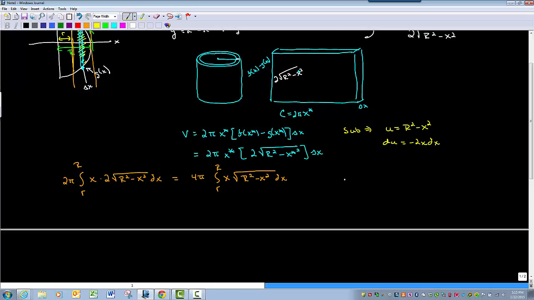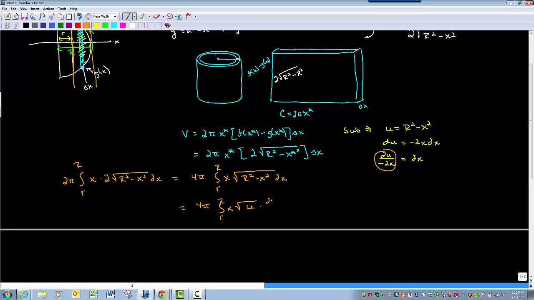Now, what we can do is replace what dx is equal to in here. So what I've got is du over negative 2x is equal to dx, which means that this is going to be 4 pi times the integral from little r to big R, x square root of u, and dx is equal to this guy right here.